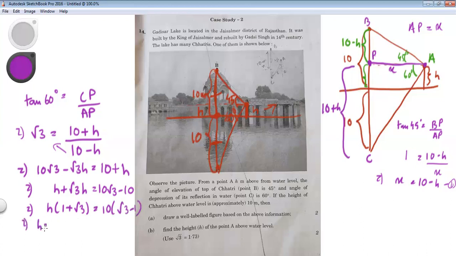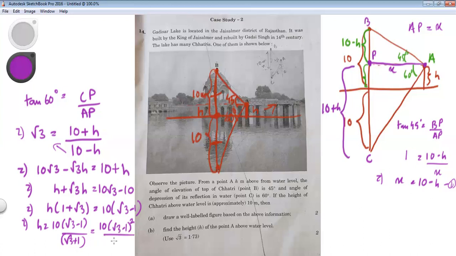So h equals 10 times (root 3 minus 1) by (root 3 plus 1). Now, you can also rationalize the denominator. Then you get 10 times (root 3 minus 1) whole square by (root 3 plus 1) into (root 3 minus 1).